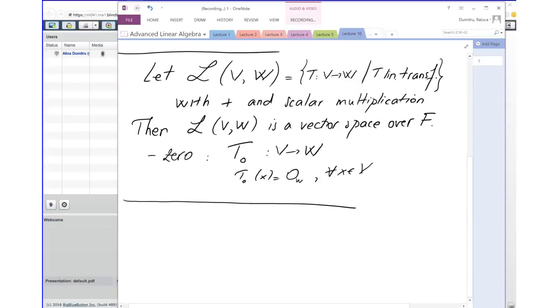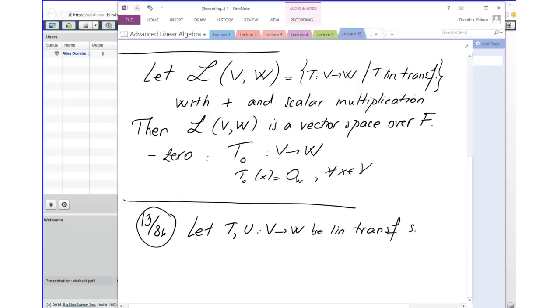Actually, let me give you an example of a question related to this. It is number 13 on page 86 in the book. It says, let T and U be linear transformations such that the range of T and the range of U only intersect in 0, because they are subspaces. Both of them have to contain 0.